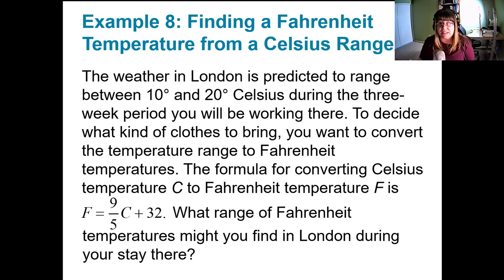If 10 degrees Celsius is warm, then you don't need a jacket. So we want to convert 10 degrees to 20 degrees Celsius over to Fahrenheit. We do know that conversion calculation: Fahrenheit equals 9/5 C plus 32. We want to know what range of Fahrenheit that is in London while you're staying.